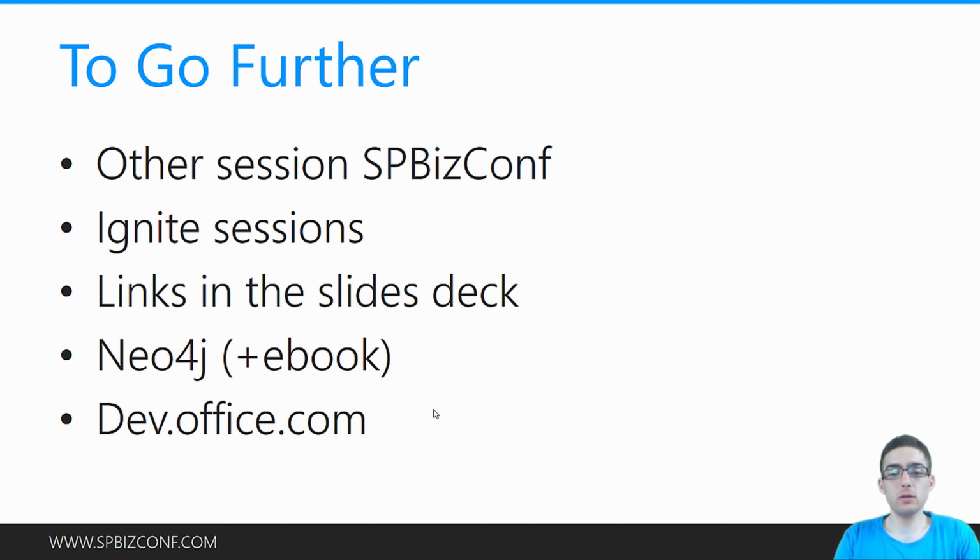Neo4j has published a very good ebook to introduce you to graph theory and the application of graphs in computer science, and how you can build graph databases and models and stuff like that. So definitely check this out. Play with Neo4j. It will help you to be familiar with the graph paradigm in computer science. And finally, you always have dev.office.com with a lot of samples, tools, explanations, and blog posts and stuff like that.